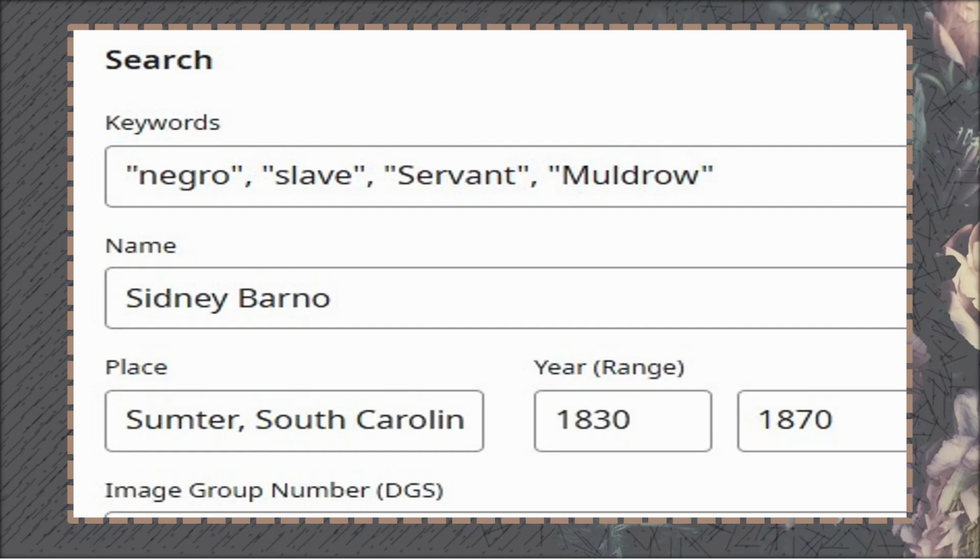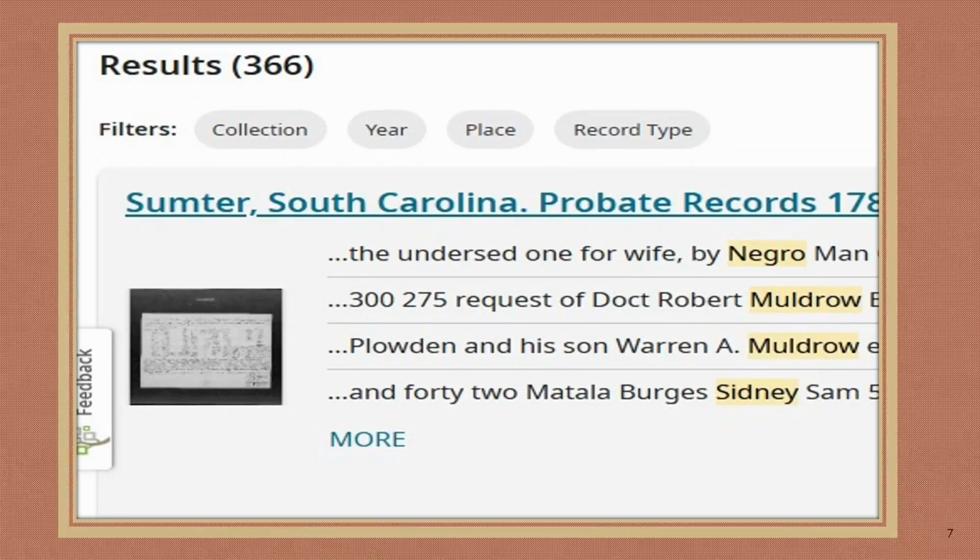However, the Muldrow name we were able to find because my friend did have a really amazing record, a Presbyterian church record, which listed his second great-grandfather as a servant, which meant house slave, and it said W.A. Muldrow. So here goes our search.